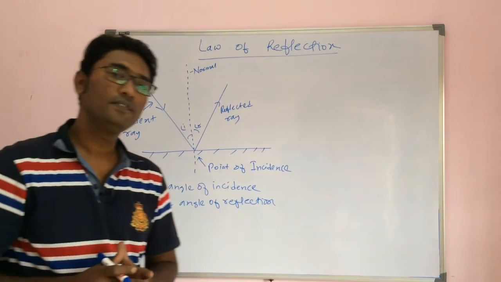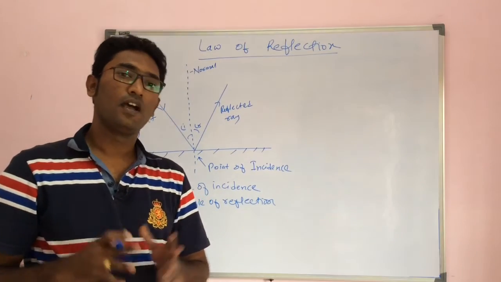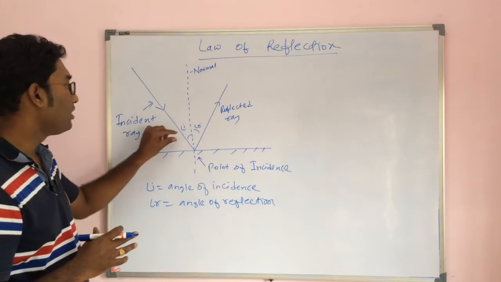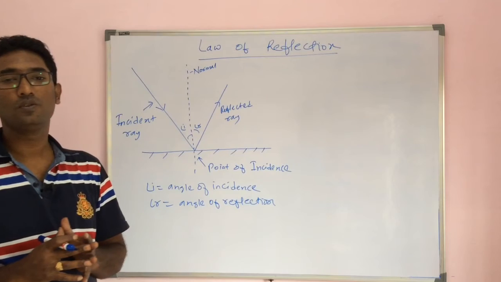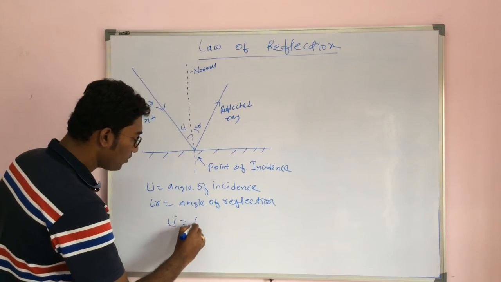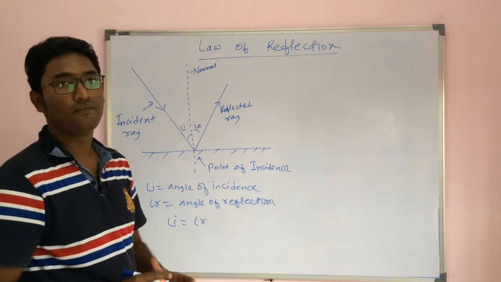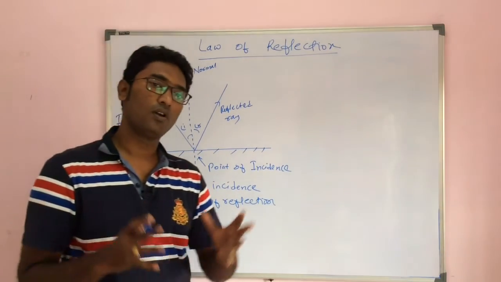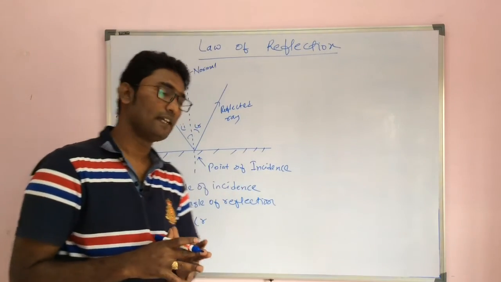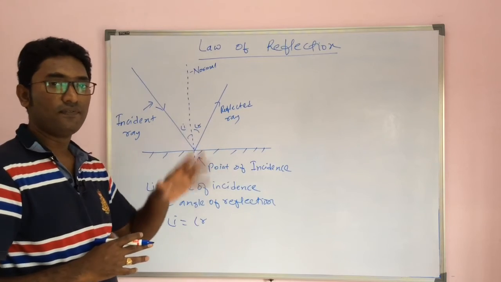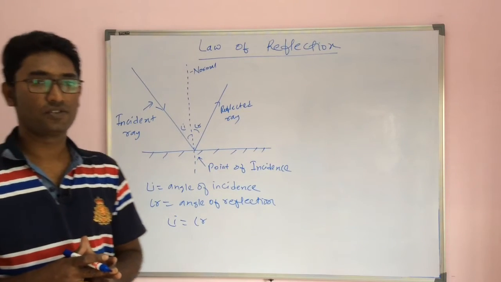It is found with the help of various activities or practical verification that the angle of incidence is always equal to the angle of reflection, and this is the law of reflection of light.